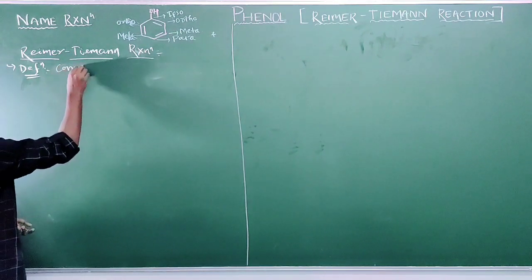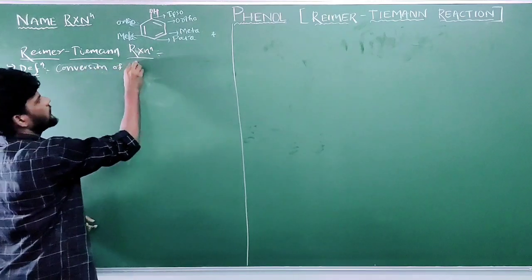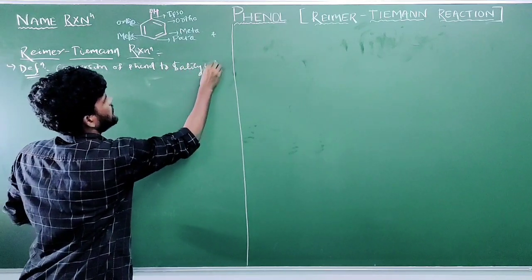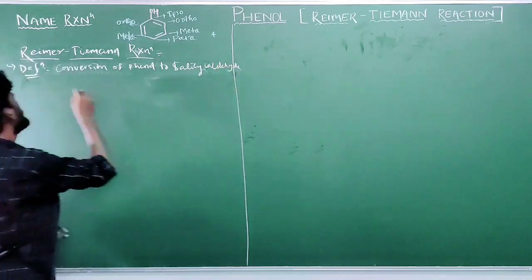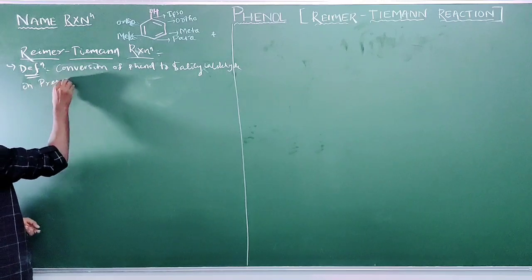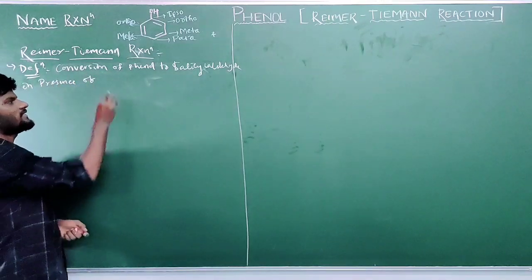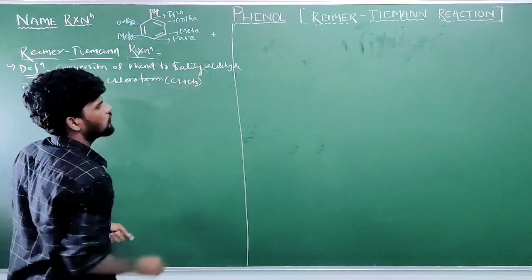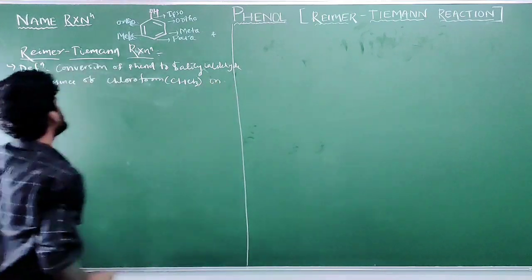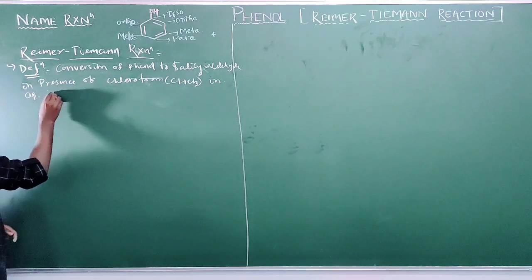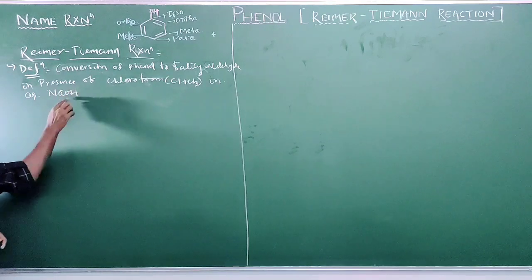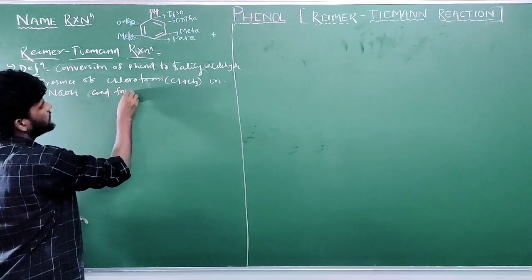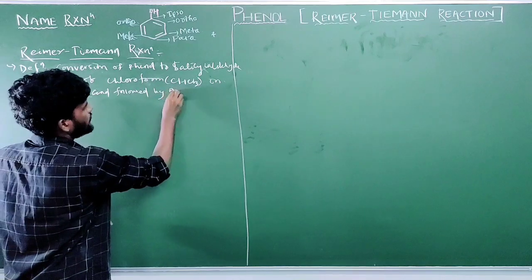So conversion of phenol, starting material phenol, to salicylaldehyde in presence of chloroform, CHCl3, in aqueous sodium hydroxide, NaOH, this is base, and followed by acid hydrolysis.